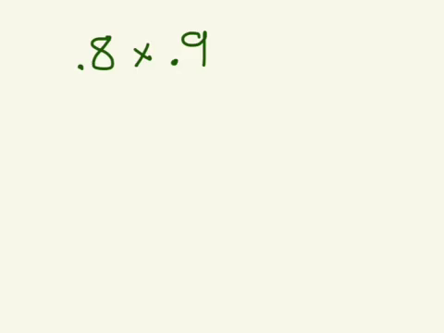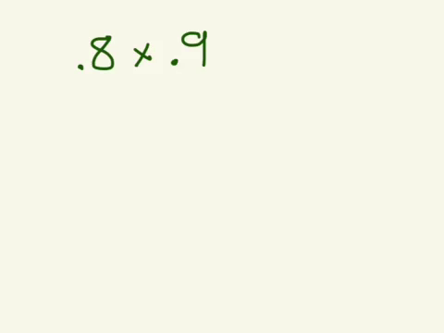So when we're looking at these numbers, what we need to look at is the fact that we've got something that's less than 1, and we're multiplying it by something else that's less than 1. So our answer definitely needs to be less than 1.